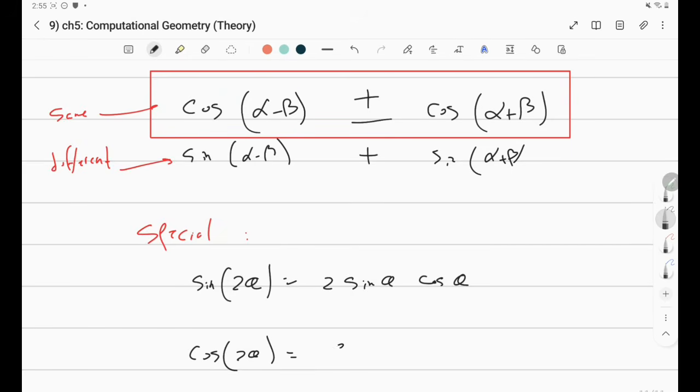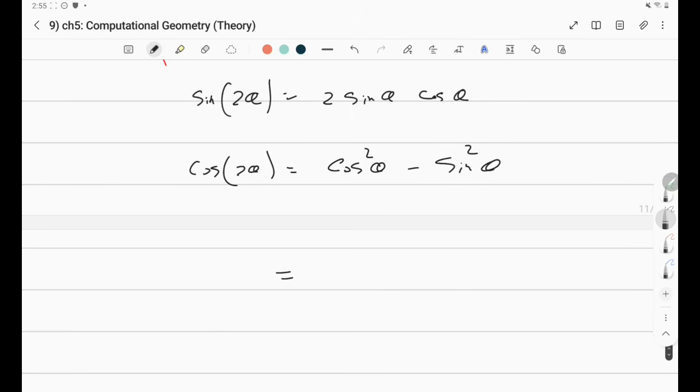Again, you can just plug it in, and you're going to get cosine squared theta minus sine squared theta. This one you can play with. For example, you know cosine squared is 1 minus sine squared, right? So you can say 1 minus 2 sine squared theta, or you can do the opposite and get rid of the sine. The sine squared is 1 minus cosine squared, so it's going to be 2 cosine squared theta minus 1. You can just play with that.